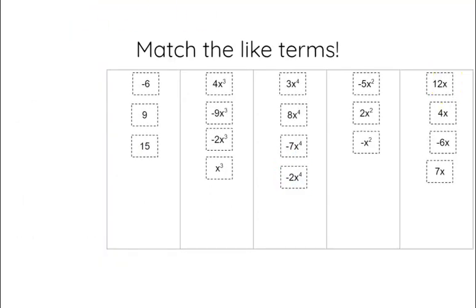All right, if you want to check your work, here are the answers, how they should all line up. The reason we're doing this as an intro is because when we add and subtract polynomials, you can only combine like terms. If you think back to when you were solving equations, we had the step CLT, which stood for combine like terms.